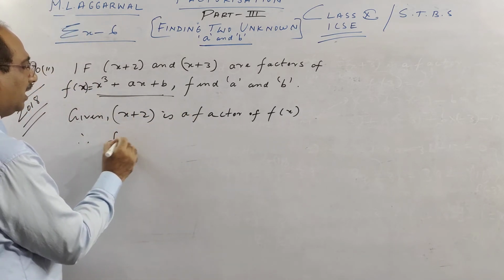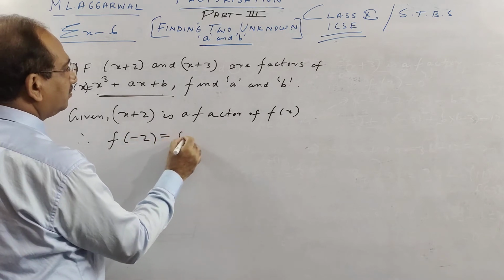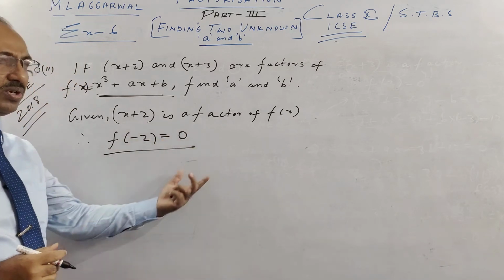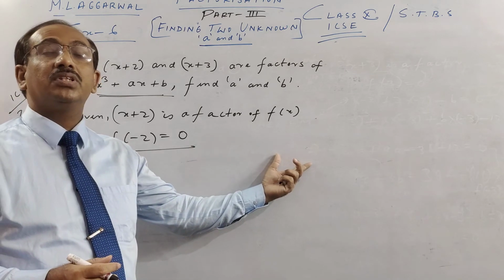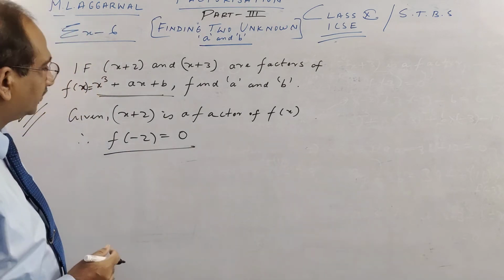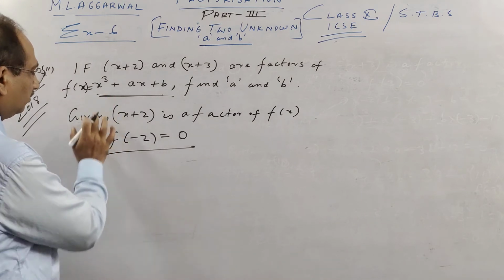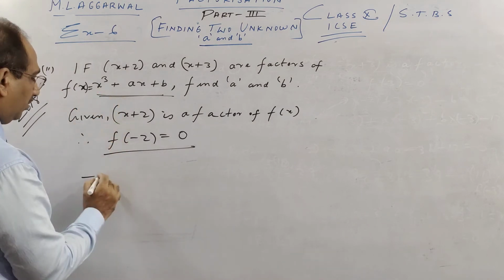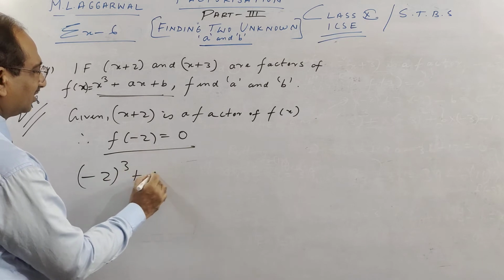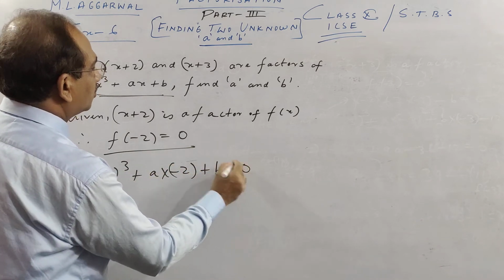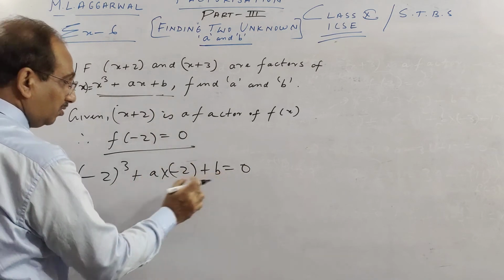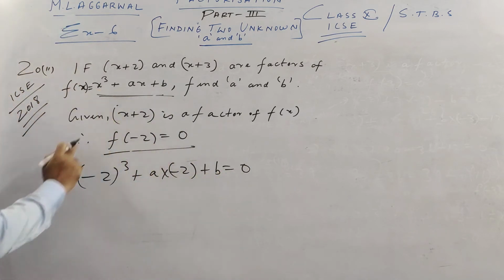Therefore, f of minus 2 is 0. Like before, you can write the reason by corollary 1 to factor theorem. Now, wherever x is there, put minus 2. So again, children, we have to solve for a and b, but put it equal to 0. This is an equation, this is an expression.